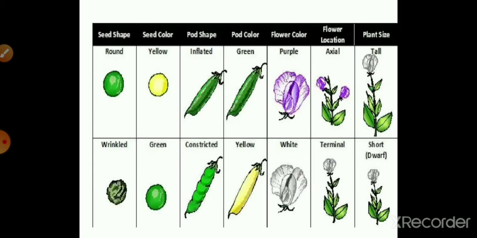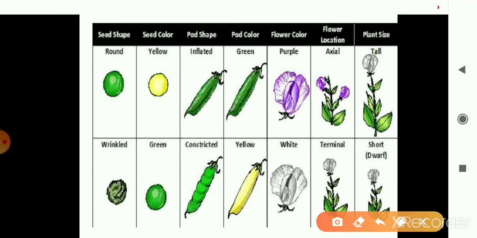Here, as you see, these are the seven characters for which seven pairs of contrasting traits were seen. Seeds were round or wrinkled; this is the shape. In terms of seed color, it was either yellow or green. The pod, which is the fruit of the pea plant, was either flattened or constricted.